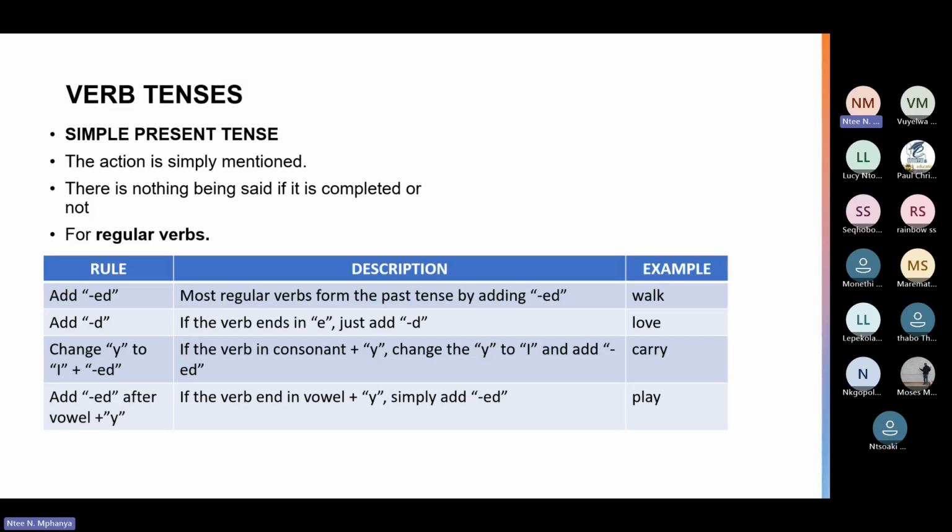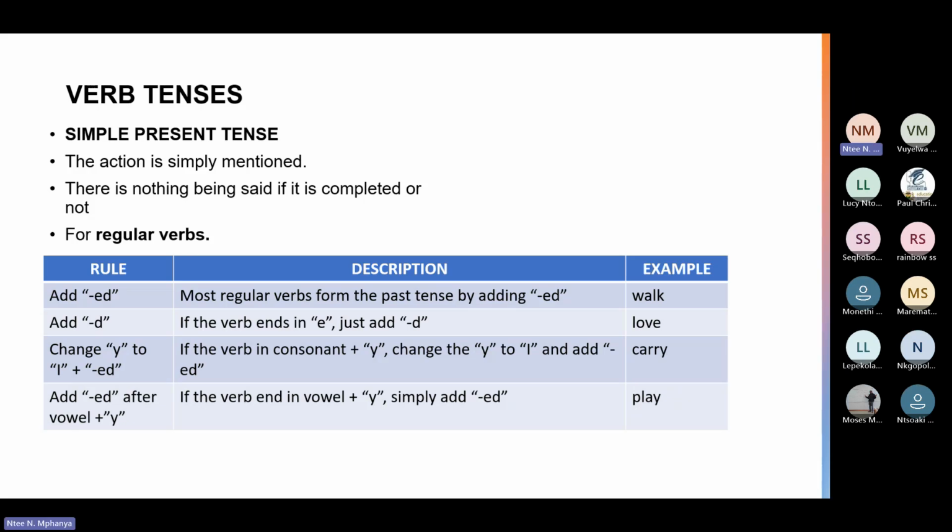Rule number 3, in present tense, if you want to change a verb to past tense and it ends in a consonant plus y, then you change y to i plus suffix ed. An example of such verbs is carry.